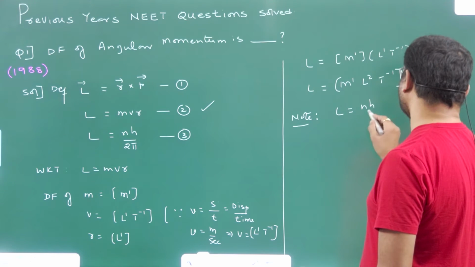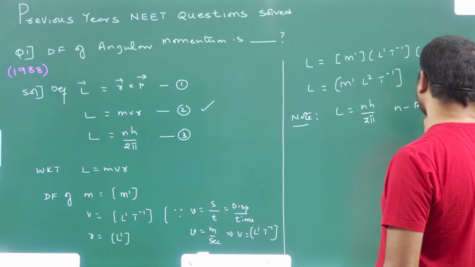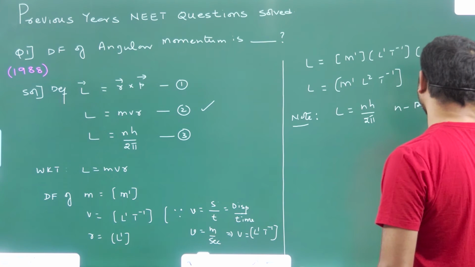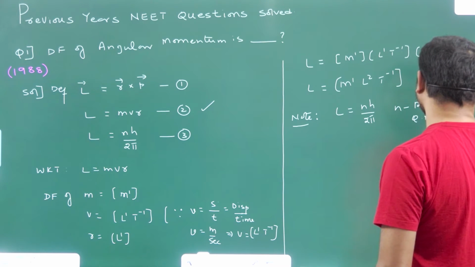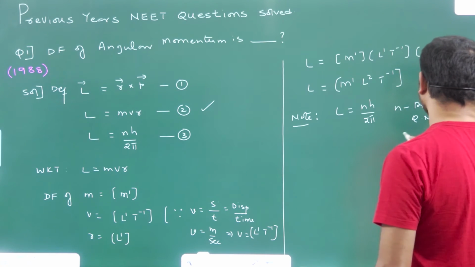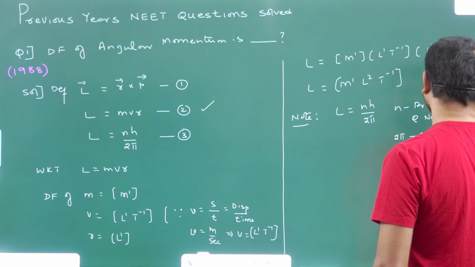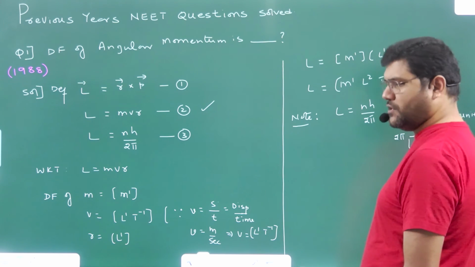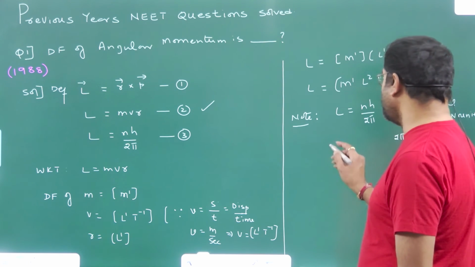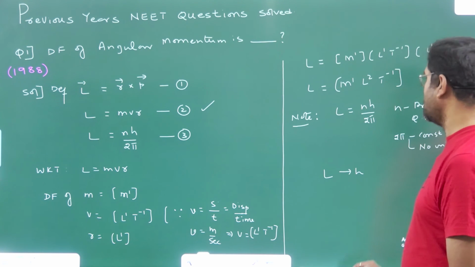L is equal to nh by 2 pi. n is principal quantum number and has no units. 2 pi is just a constant and has no units. So only L and h should have units.